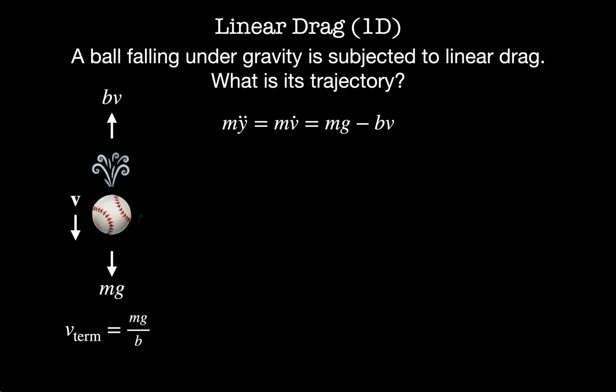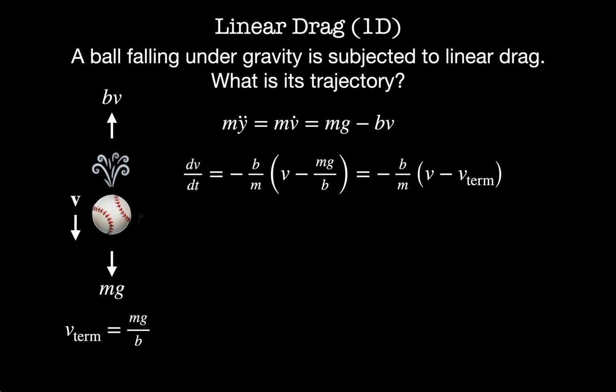And so I can write down my equation of motion. So my m x double dot, or m v dot, is equal to mg minus bv. And so let me rearrange my terms just a little bit. I'm going to pull out the terms that just have v and rearrange the constants.